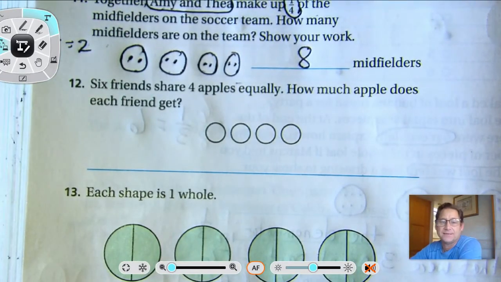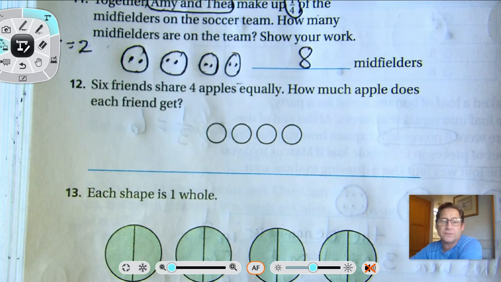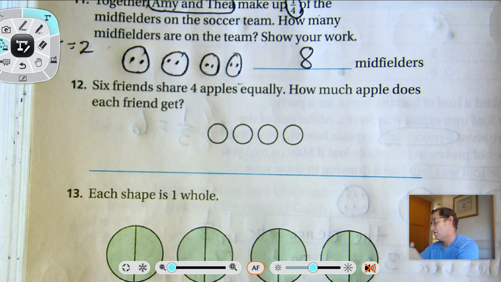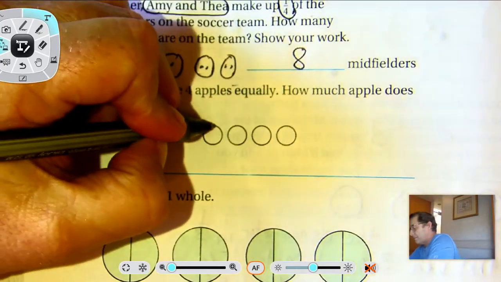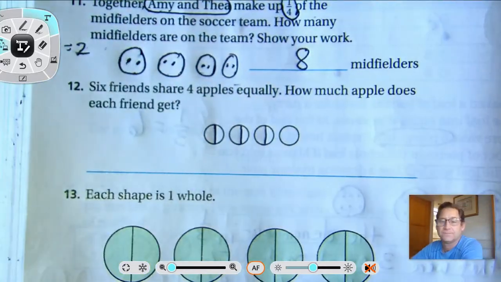All right, number 12. 6 friends share 4 apples equally. How much apple does each friend get? All right, so I think this is what I would do on this one. I would go ahead and split the apples in half.